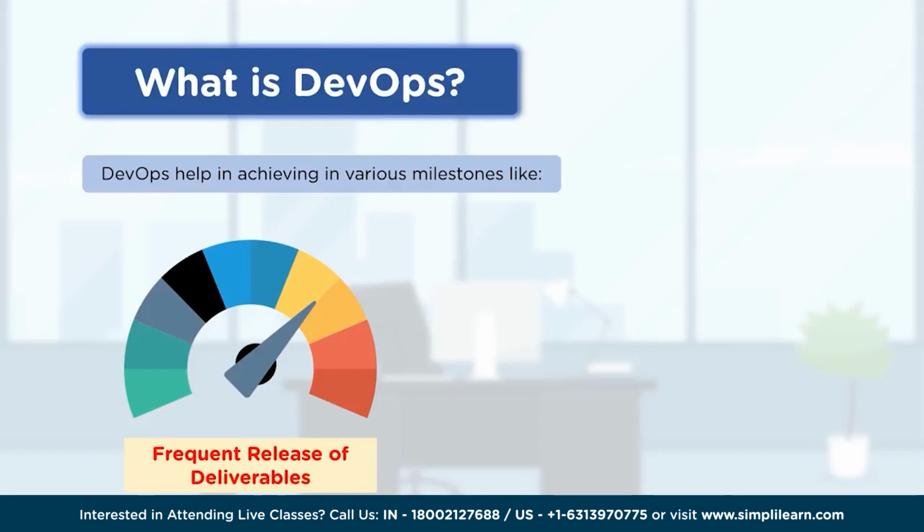But the moment DevOps comes into the picture, the frequency of releases really increases. Some organizations are in fact trying to release every month, or twice a month. That's the kind of frequency we get when we move to DevOps. So that really helped and became efficient with the introduction of DevOps here.